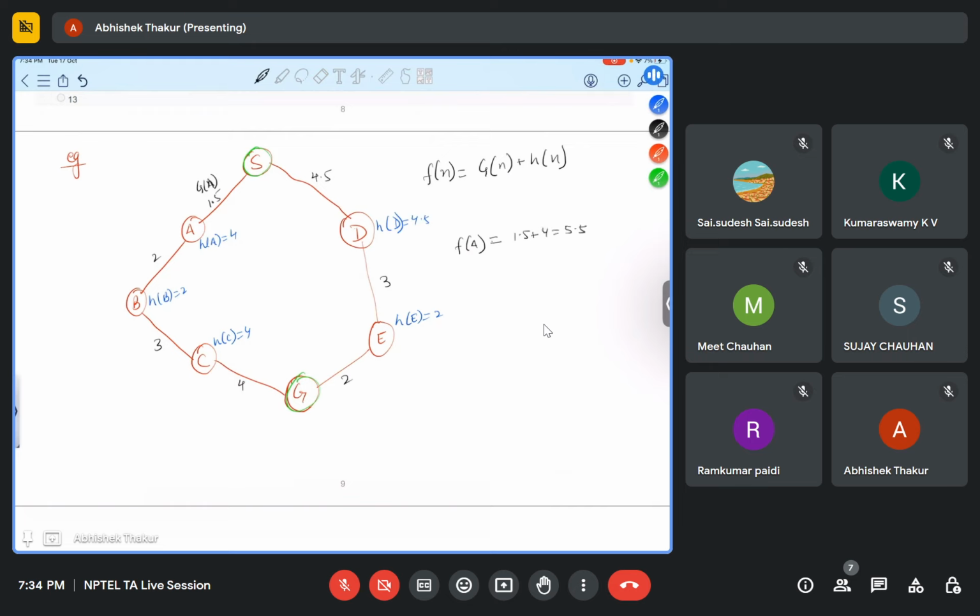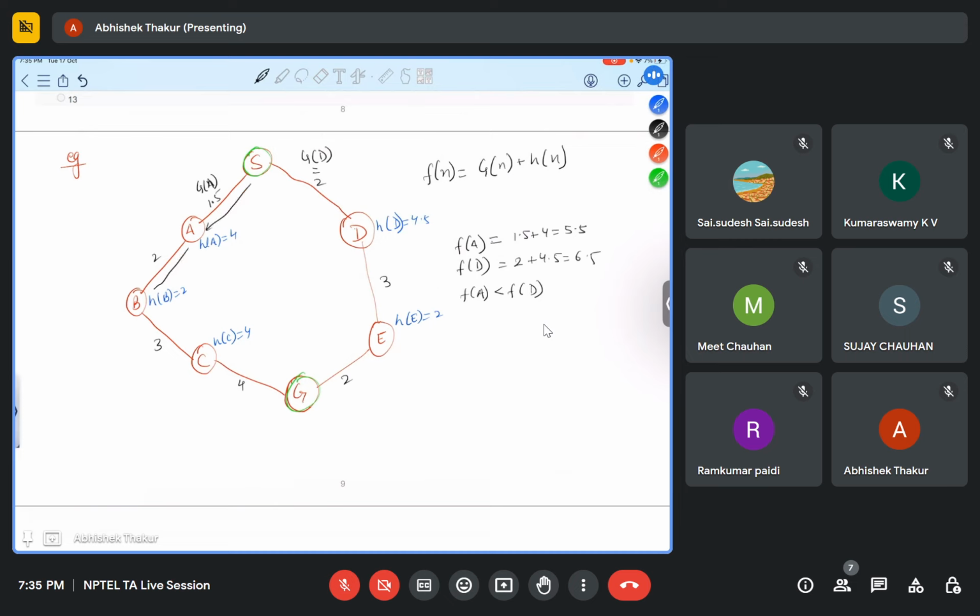And also we'll calculate f of D. For f of D, g of D is this 4.5, plus h of D, sorry, this value is 2. So 2 plus 4.5, this is 6.5. So here f of A is less than f of D. So now we will move in this direction.